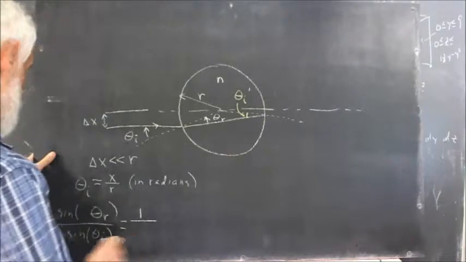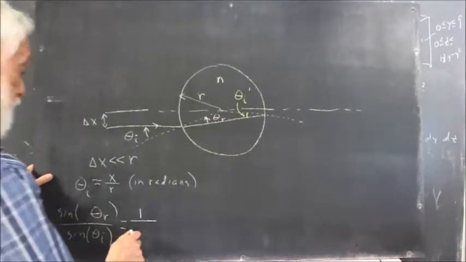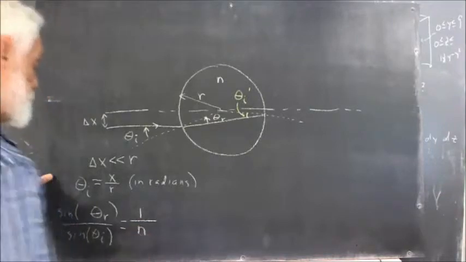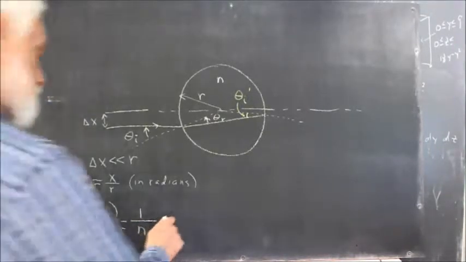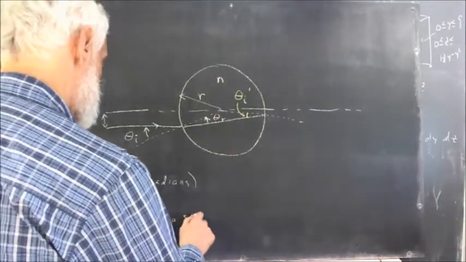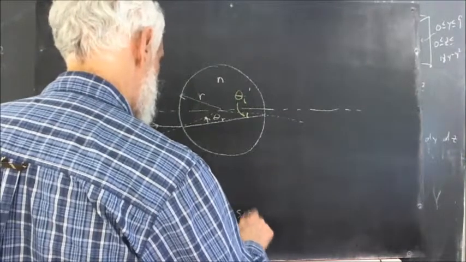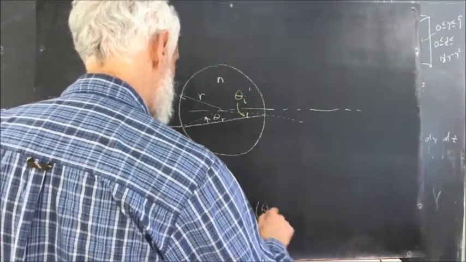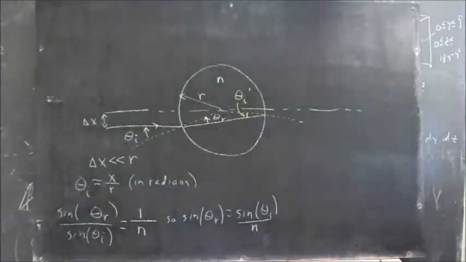It's actually a little greater than 1, but we don't worry about that. It's so close to 1, over the index n. So sine theta sub r equals sine of theta sub I over n.